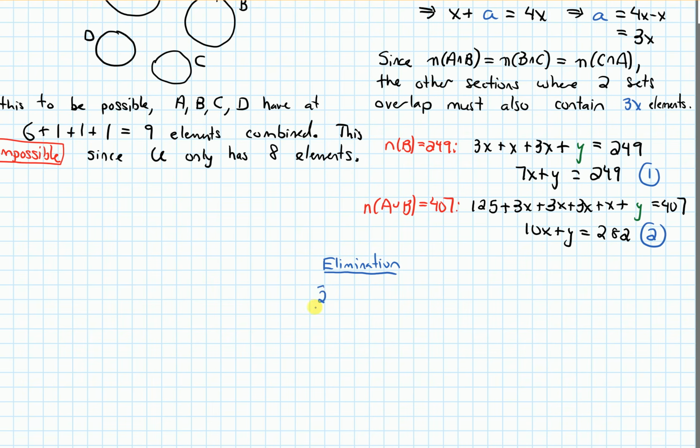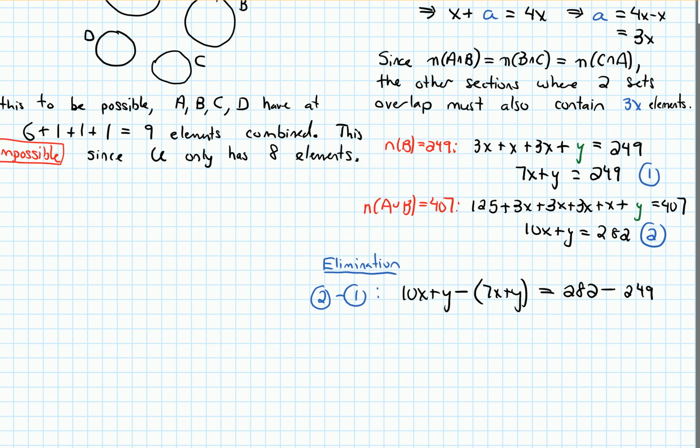So for example, if I do the second equation minus the first equation, and I do that subtraction on both sides, on the left-hand side, I'm going to write the left-hand side of equation 2, which is 10x plus y, and subtract the left-hand side of equation 1, 7x plus y, and do the same thing on the right-hand sides. Take the right-hand side of equation 2, which is 282, and subtract the right-hand side of equation 1, which is 249.